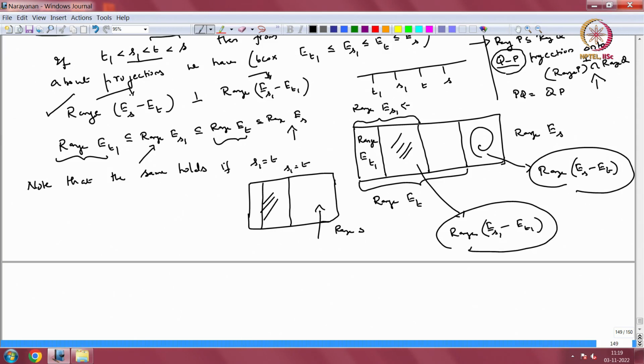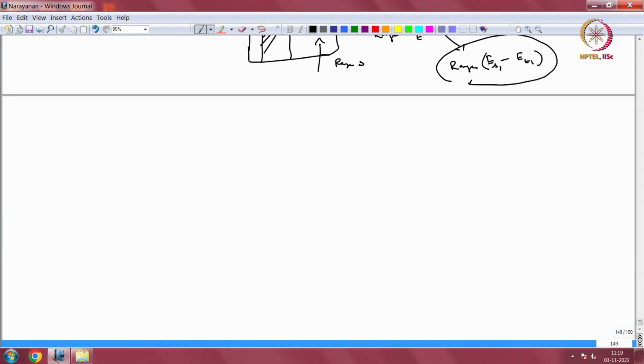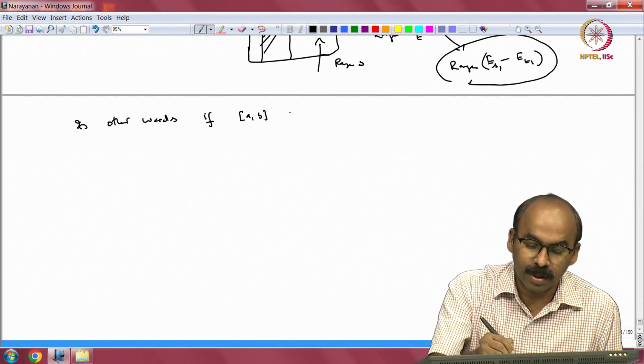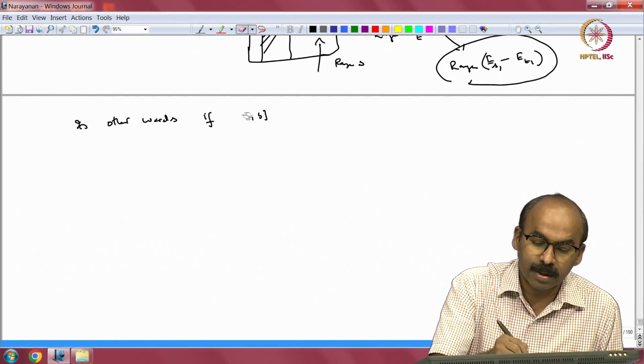In other words, it is easier to say in this form: if I take two disjoint intervals, the range of the difference of the projections at the end points will be orthogonal to each other. That is a better way of saying it. In other words, if I have two intervals A and B, the endpoints may agree, but even then this holds. Maybe it is better to write it like this.